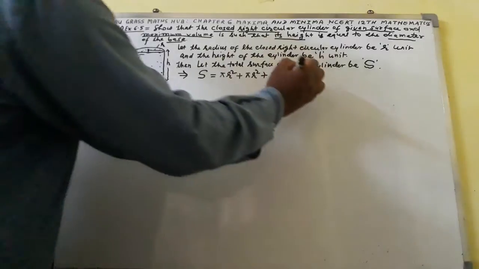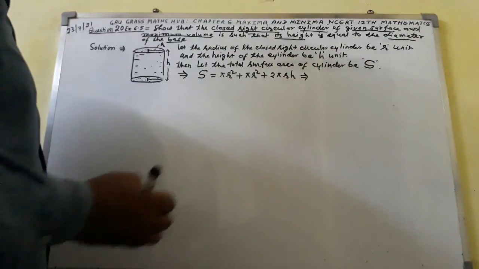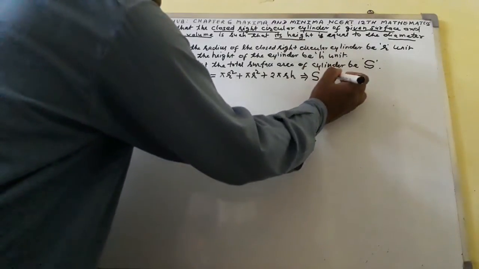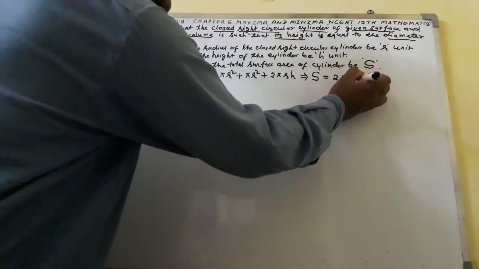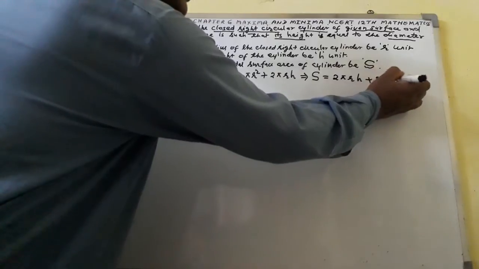So here you will get that the total surface area of the cylinder, capital S, equals 2 pi r h plus 2 pi r square.